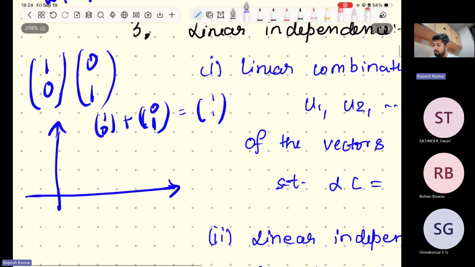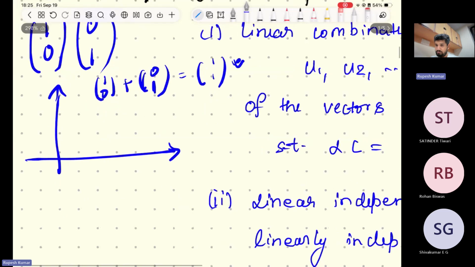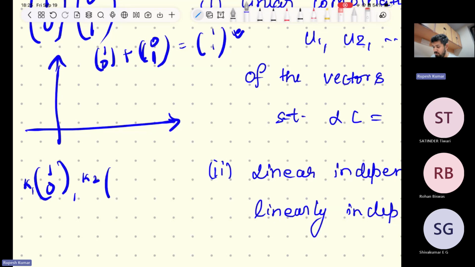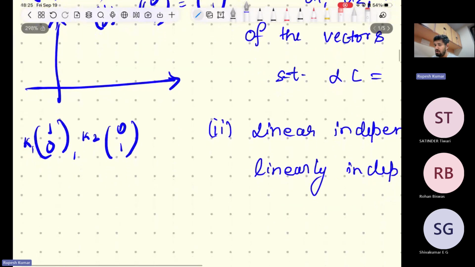So this is the output of the vector sum over the union of these two. By union, I'm saying any vector along (1, 0), so k1 times (1, 0) and k2 times (0, 1), is the set that contains all the vectors in their union, right?